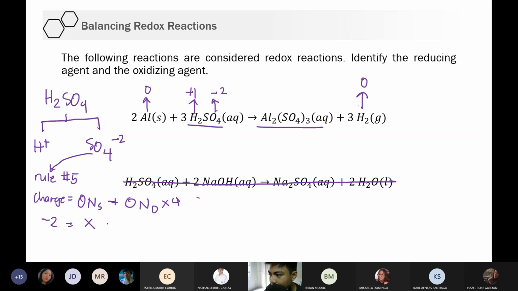This is x plus, ito, negative 2 times 4. Negative 8, okay. Negative 2 equals x minus 8. Transpose to the other side. That becomes x equals positive 6. Paano naging positive 6? Because when I transpose it here, positive 8 yan. Minus 2, positive 6. So sulfur here is positive 6. Ayan.